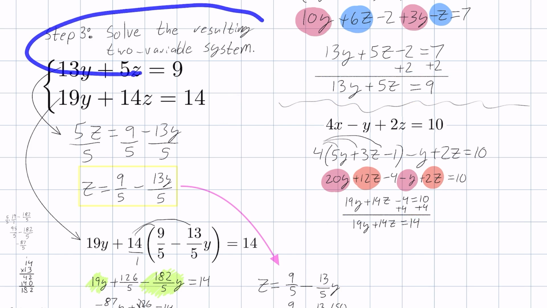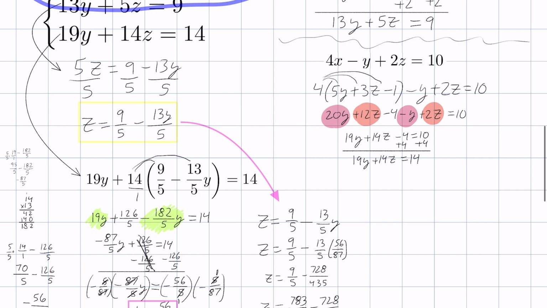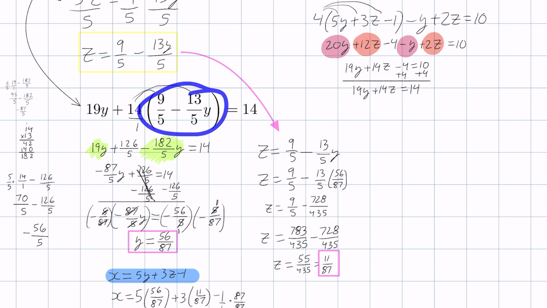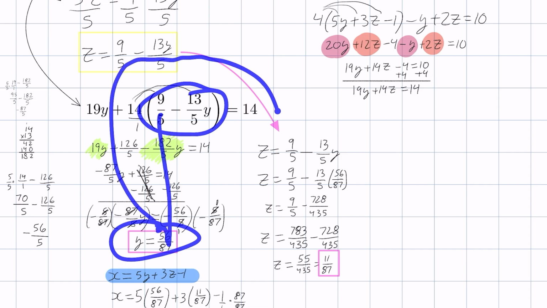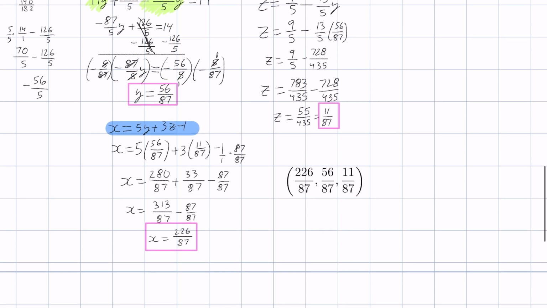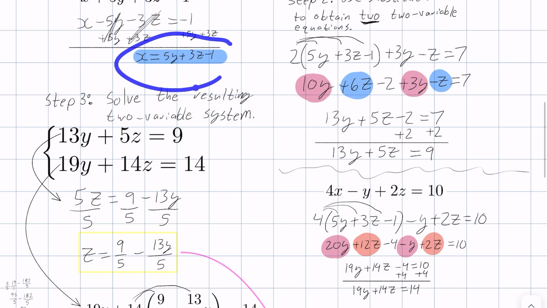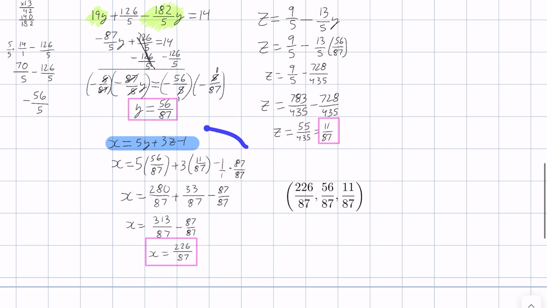And step 3 was to solve this two variable system. So we worked through that using substitution. We solved for z, plugged in z, worked it out to get y. That was our first solution. Came back to here, came down here, solved for z, and now we have y and z. We went back to step 1 and plugged it in for our final answer.